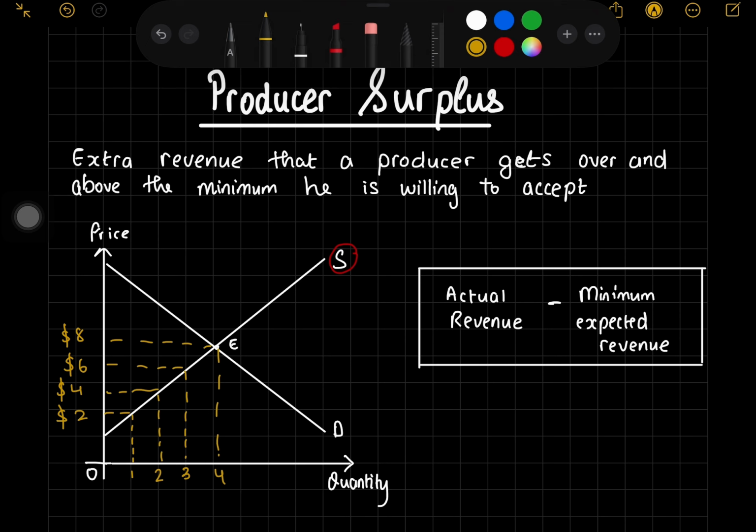However, the actual revenue that he obtains is at this equilibrium at the market price. So, the actual revenue is shown by the price line, which is at the equilibrium price.